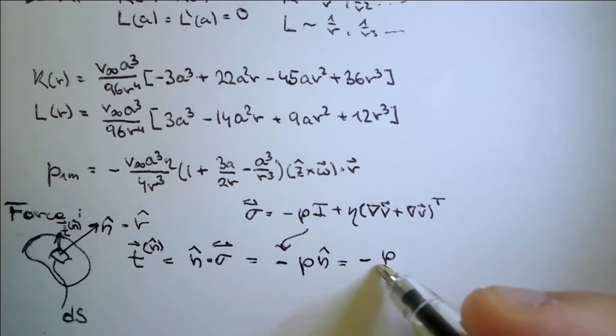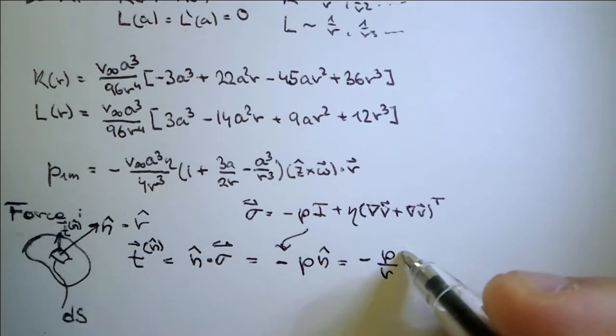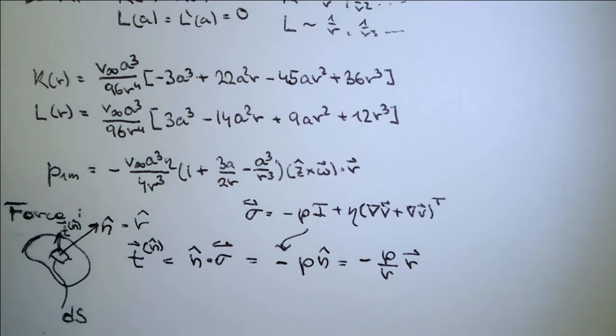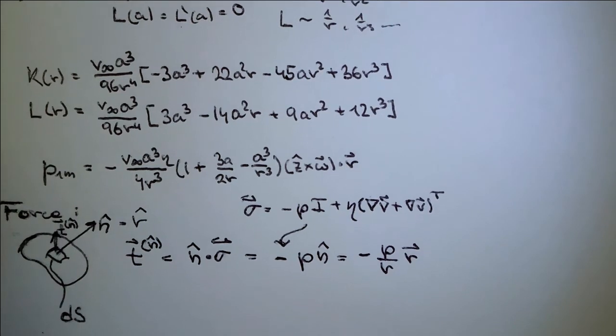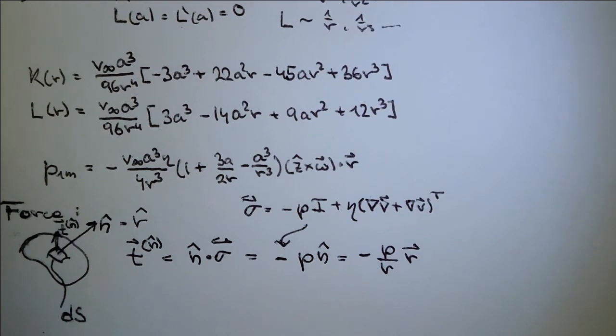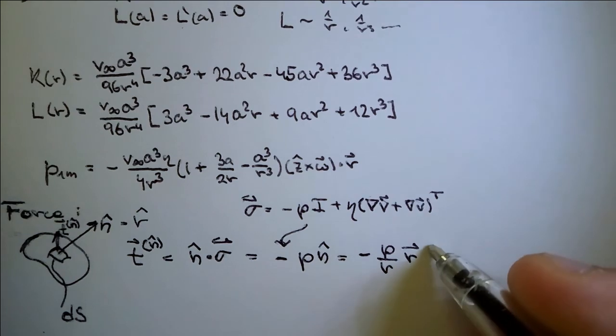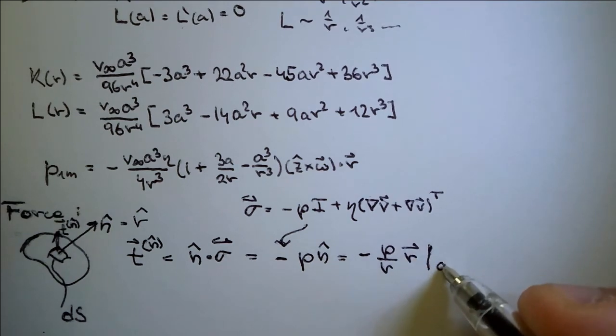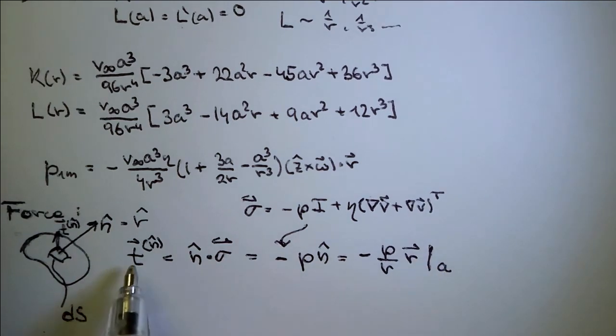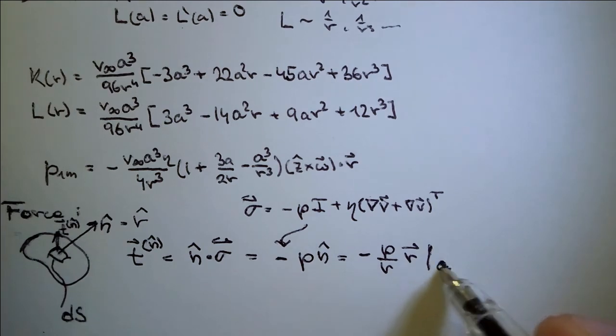Again, I will write P over r like this for the sake of continuity with the notation. And this should be evaluated at r equal to a.